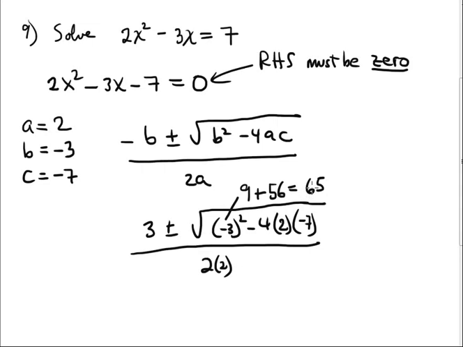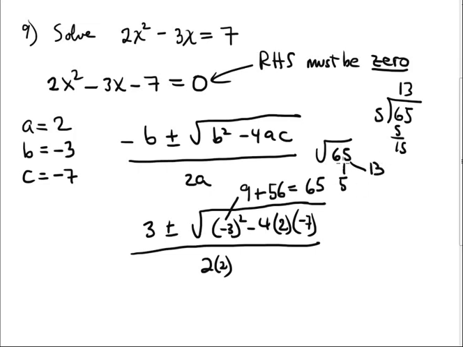And 65 is divisible by, well, square root of 65, I don't know, it's not a perfect square. Let me try to break it down. 65 is divisible by 5, I guess so. 65 divided by 5 is 13. Wow. So 65 is 5 times 13.